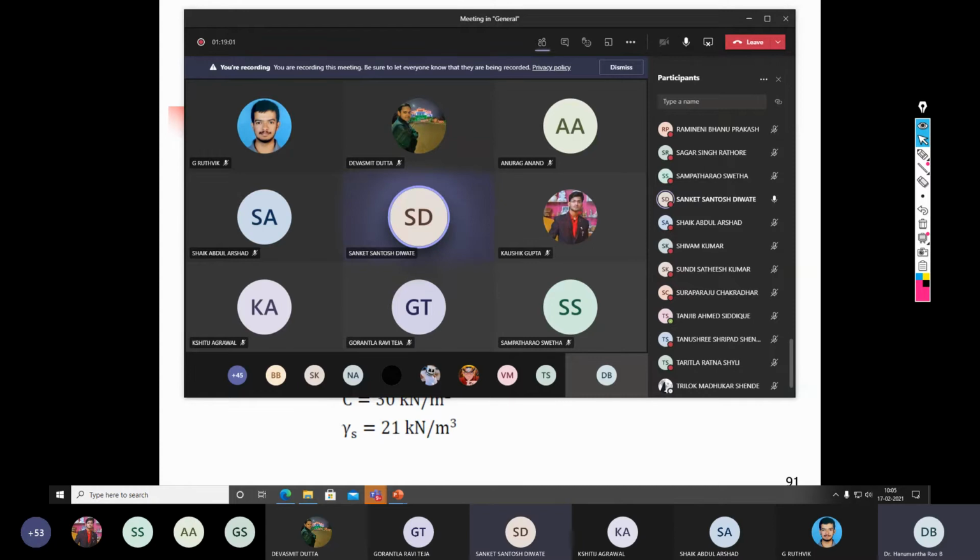Sir, to find Q ultimate and equate it to the equation. Can you please tell me the bearing capacity factor values? Yes, Shweta.